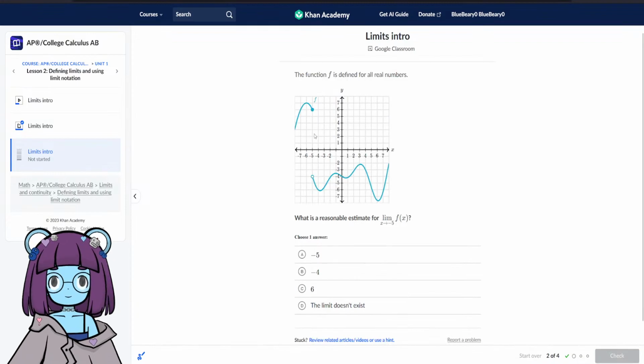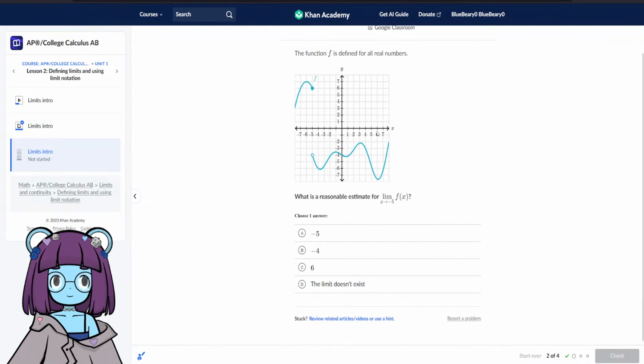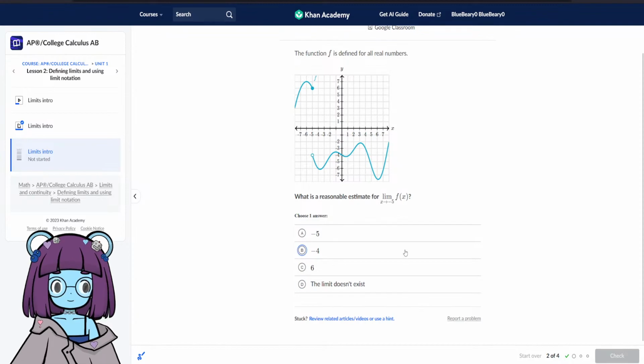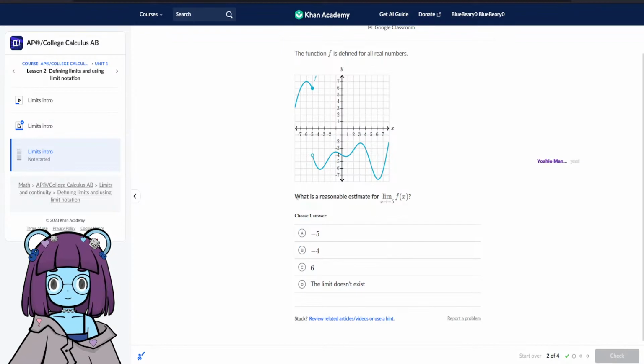Alright, I'll go to the next question. Function f is defined for all real numbers, alright. What is a reasonable estimate for the limit of f of x as x approaches -5?